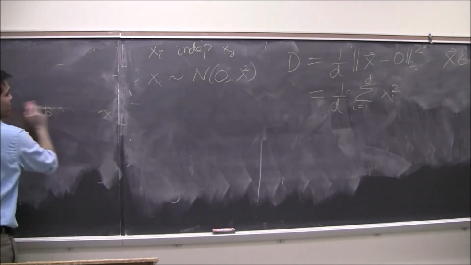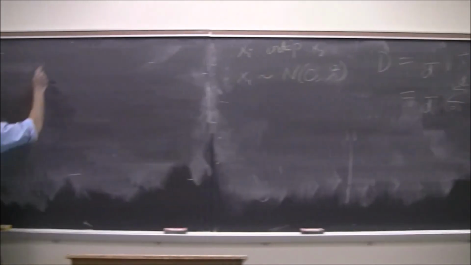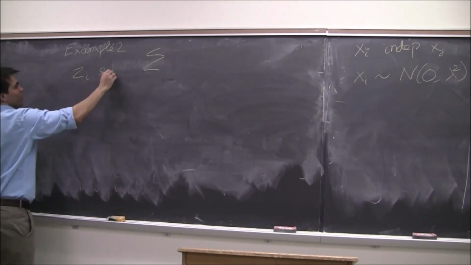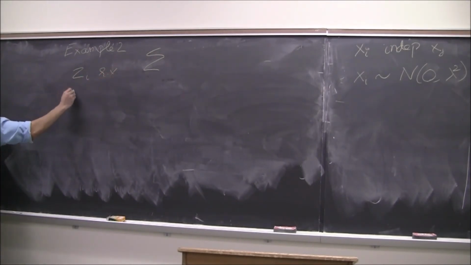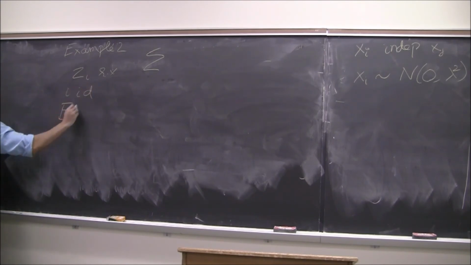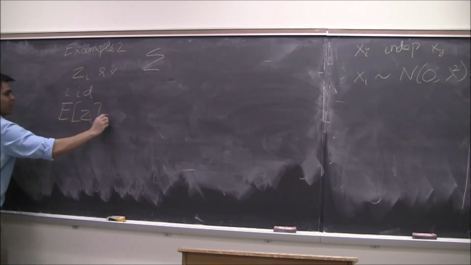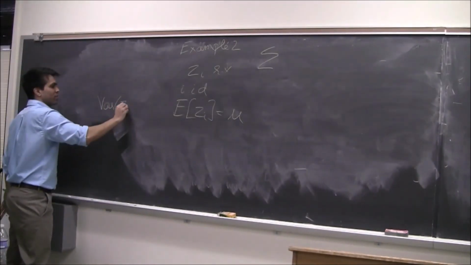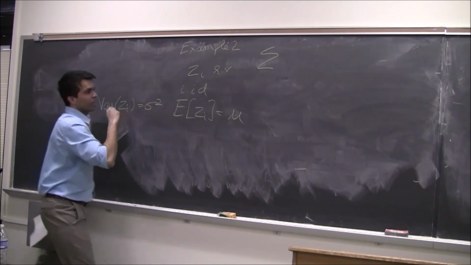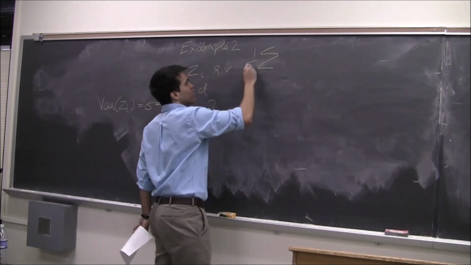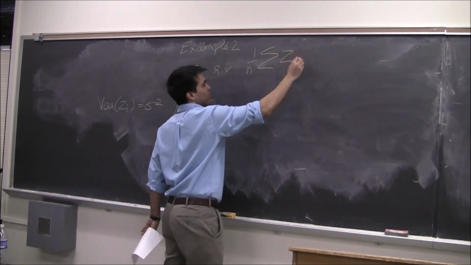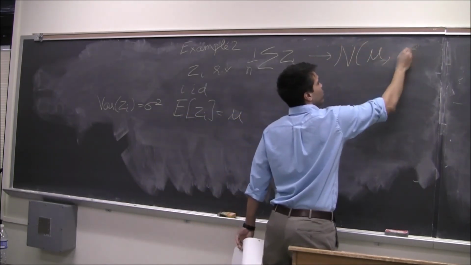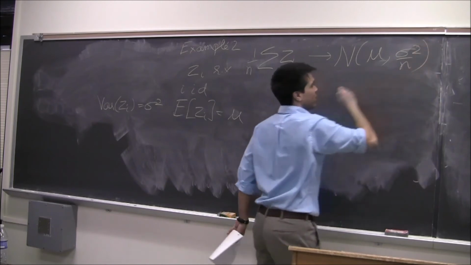Central limit theorem, for those who have forgotten: if you have zi, a random variable, and all the zi's are IID with expected value of zi equal to mu and variance of zi equal to sigma squared, then 1 over n summation of zi goes to a normal with mean mu and variance sigma squared over n.